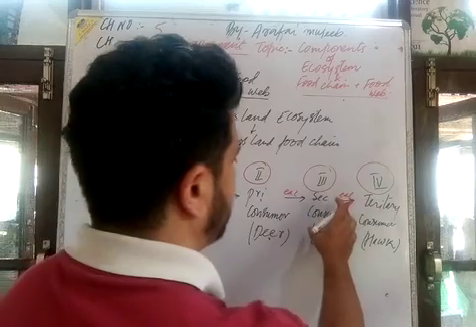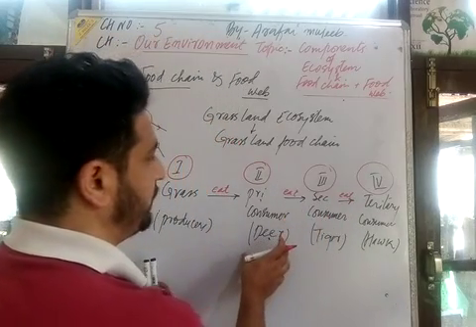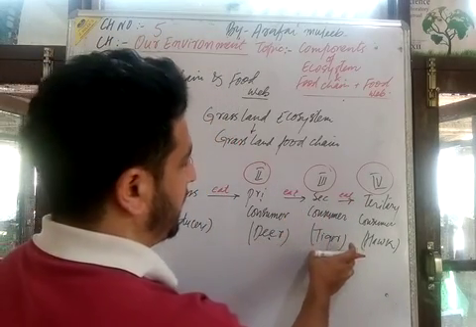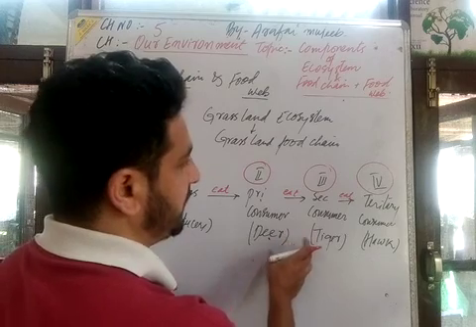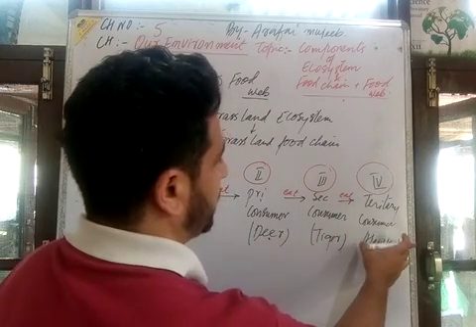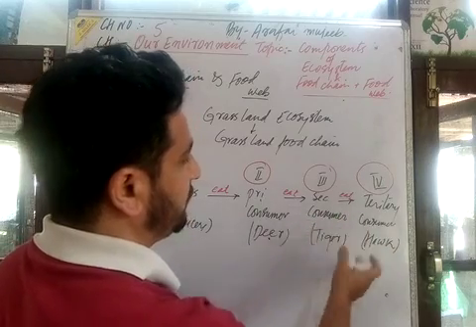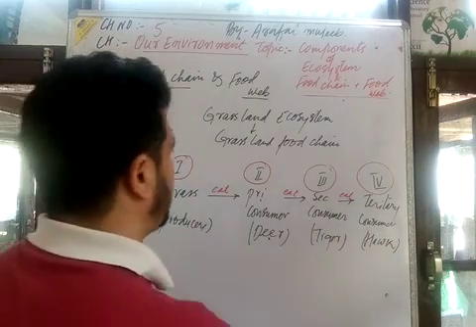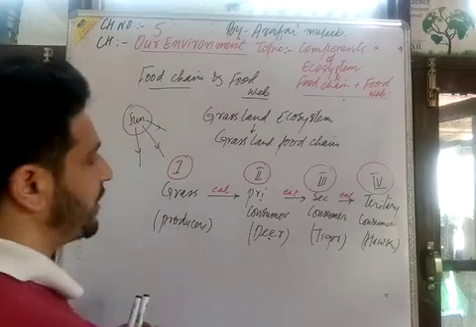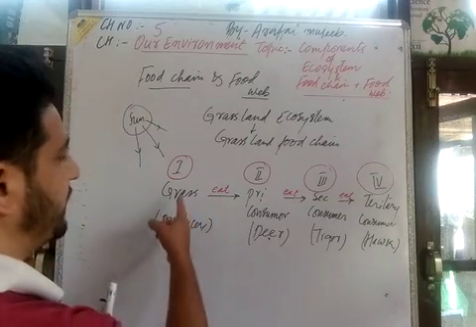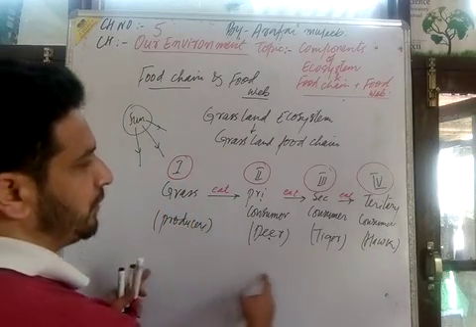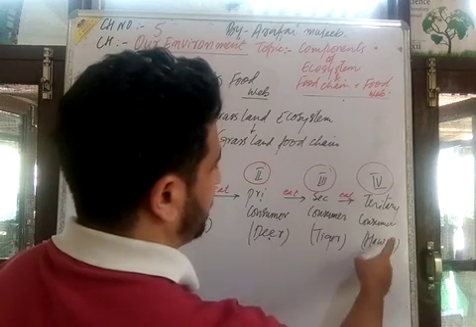When the secondary consumer feeds on the primary consumer, it obtains the primary consumer's energy. When the tertiary consumer feeds on the secondary consumer, it obtains the secondary consumer's energy. These are the top consumers. In a food chain, there is a unidirectional flow of energy from producers to the top consumers.